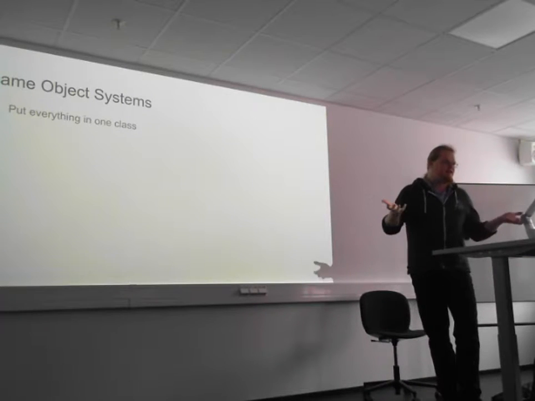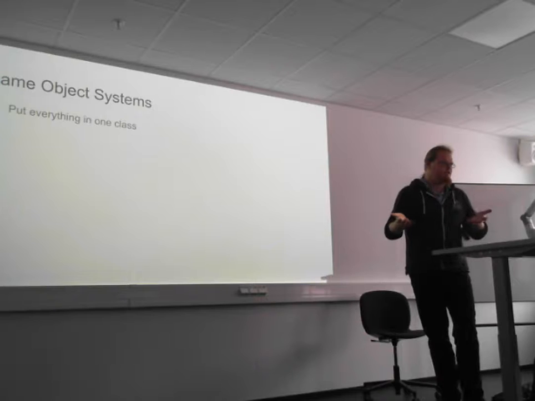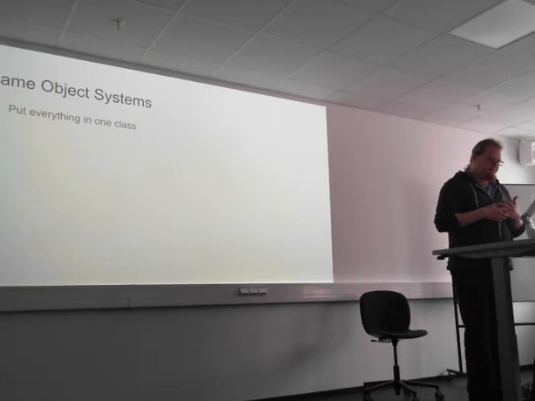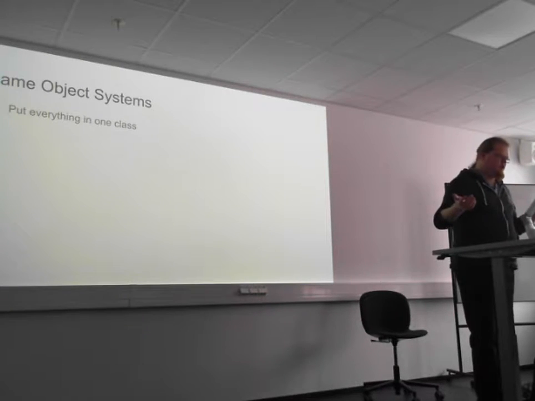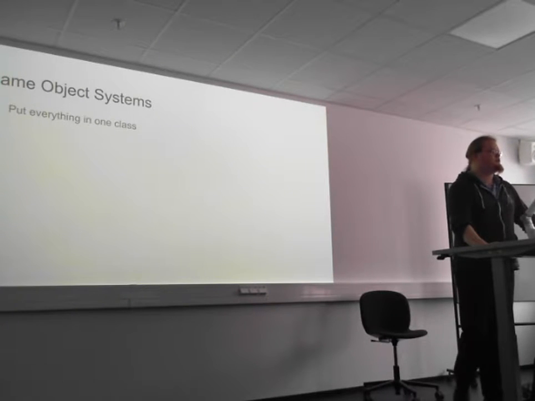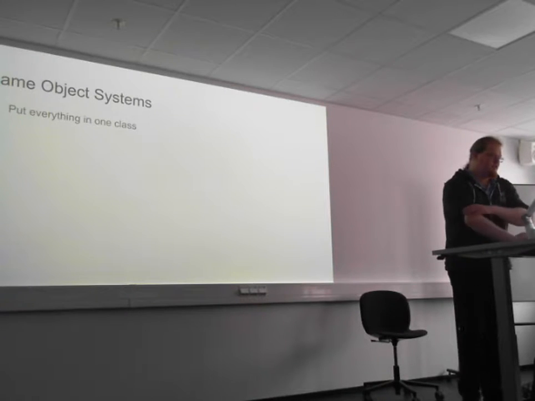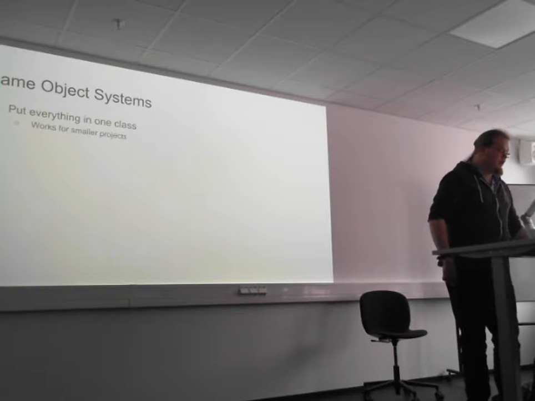So you have an entity class that Pac-Man and Ghost inherit from. How many have taken that approach with the Pac-Man game? 2D Pac-Man, yes. So that's obviously one solution.